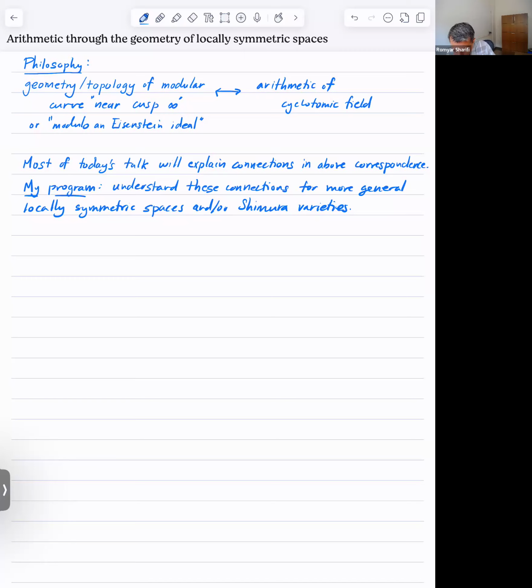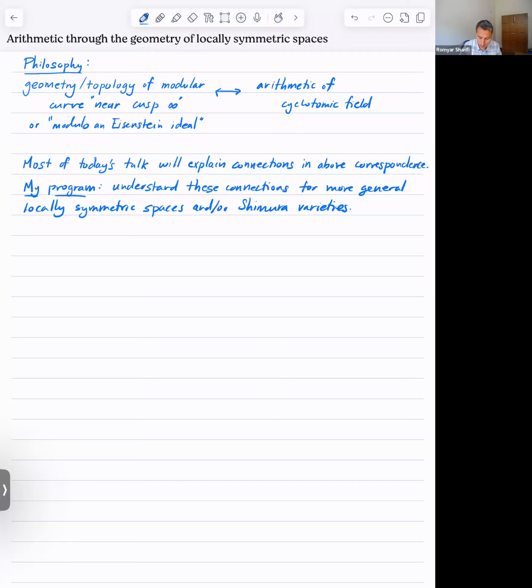So I pre-wrote the philosophy here. The idea I want to explore is that the geometry and topology of modular curves tells you something about the arithmetic of cyclotomic fields. The point is that working near the cusps, you get some sort of equivalent information, and what mediates between the two sides is Eisenstein series.